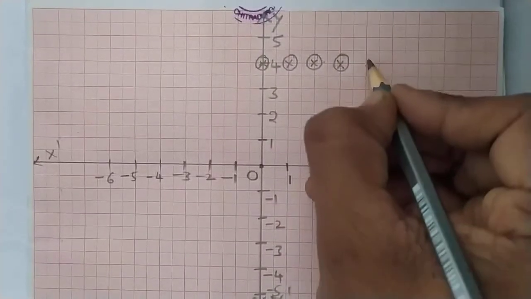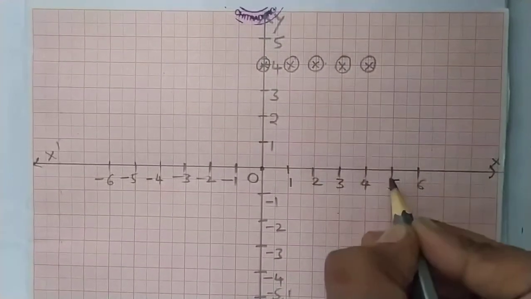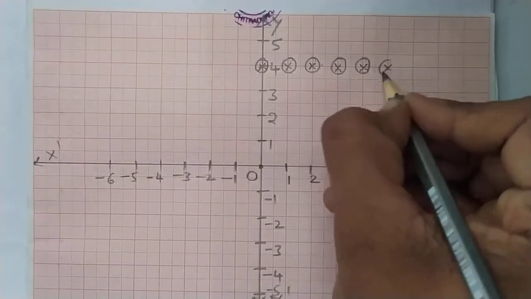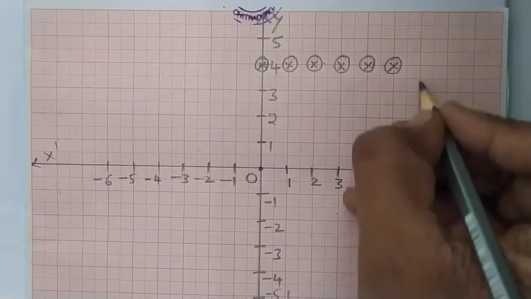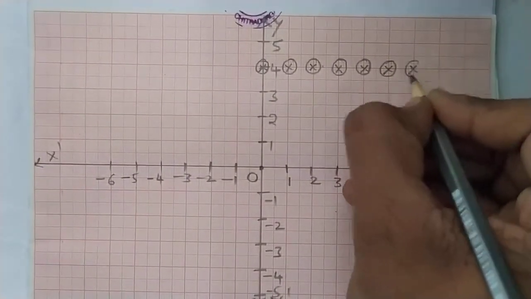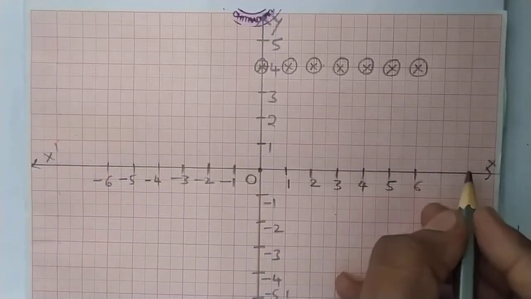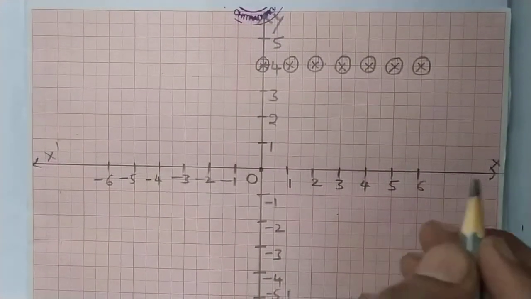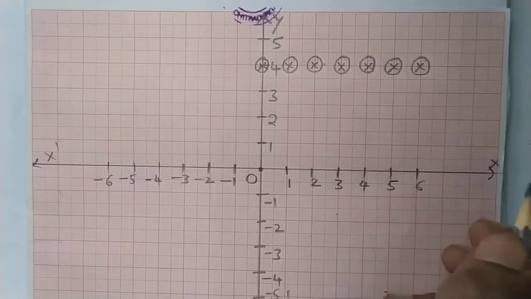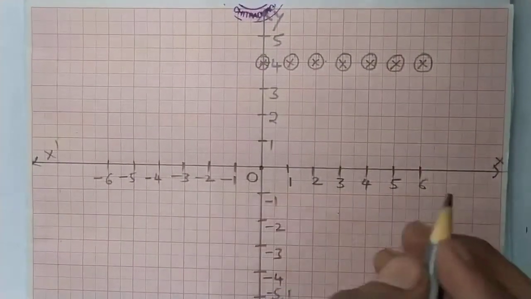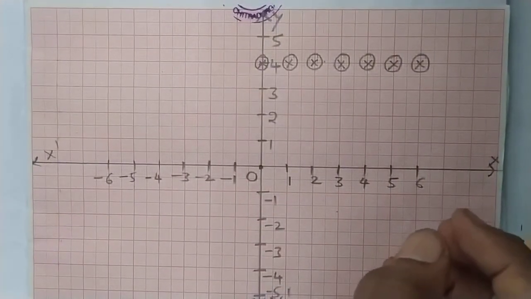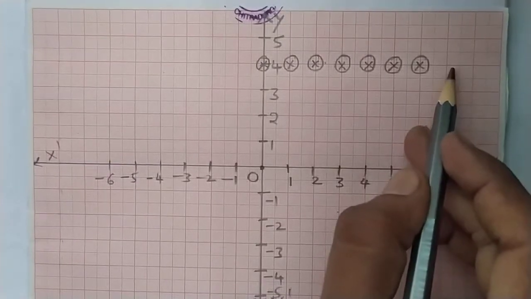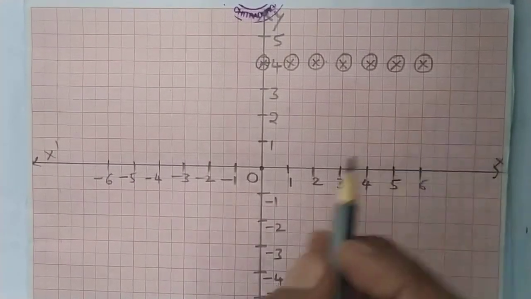If x equals 4, 5, 6, f of x is 4. If x equals 7, 8, 9, 10, and so on, for all those values we take the value 4 only, because it is a constant function.